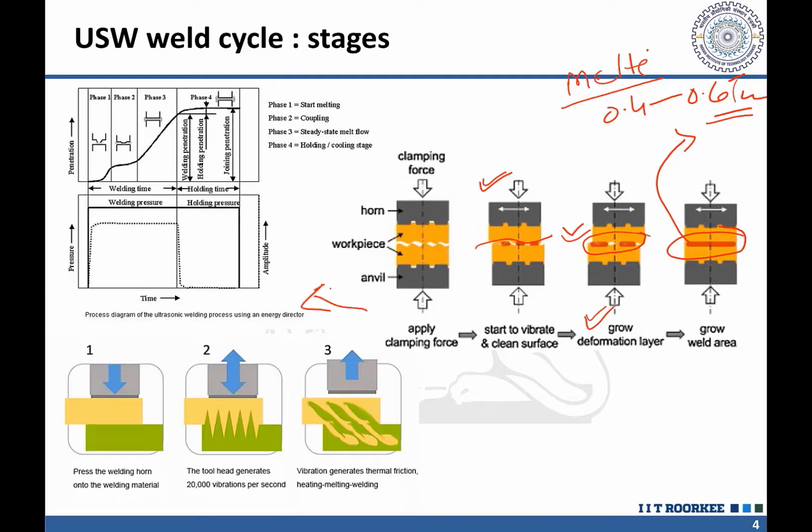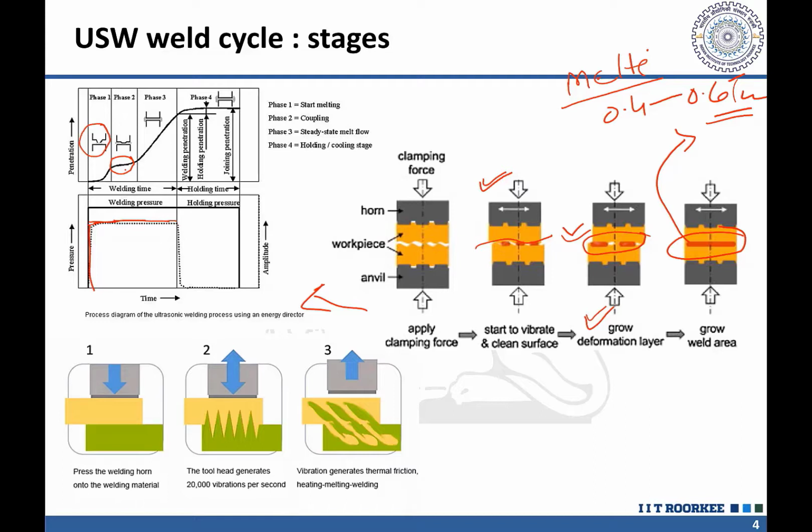Okay, so initially the sonotrode tip will be coming in contact in phase 1, the pressure is getting increased, then that pressure is maintained. Initially pressure is increased, then vibration starts. During that period heat generated will be leading to the melting.